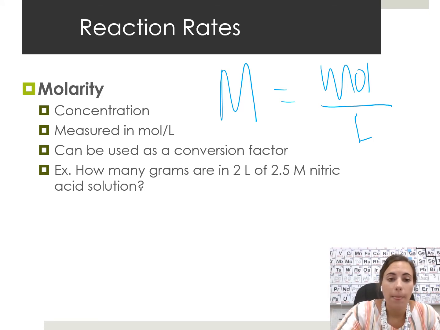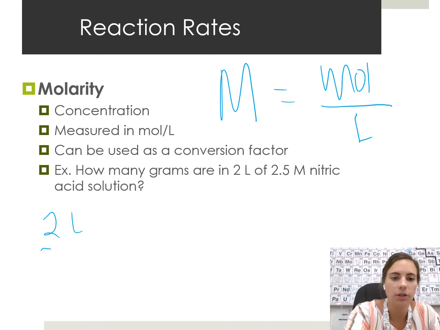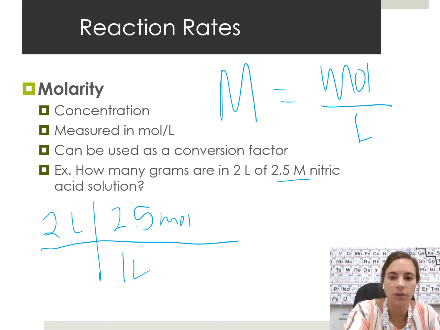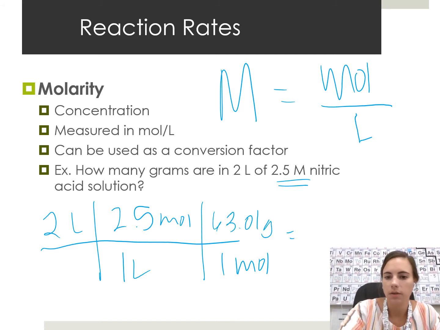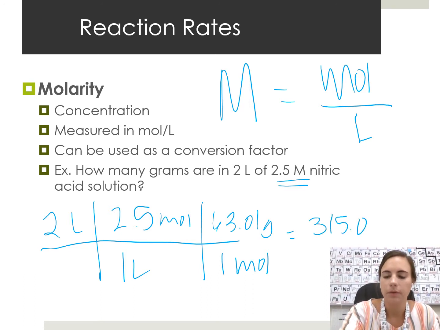So how many grams are in 2 liters of 2.5 molar nitric acid? Well, I have 2 liters. In 1 liter, I have 2.5 moles, because that's what this 2.5 molar means. And in 1 mole, I have 63.01 grams, and I get 315 grams of nitric acid.